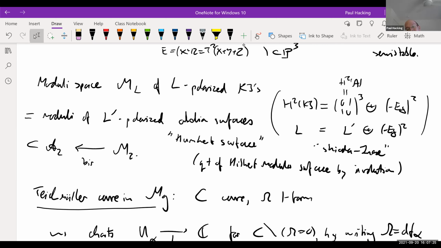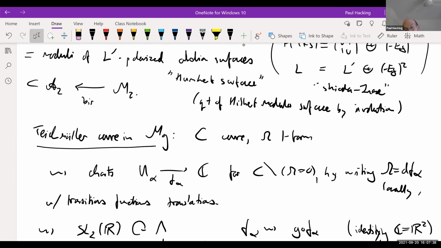And in fact, what seems to provide the answer in this case is what's called the Teichmuller curves in M_g. So let me very quickly review what that is. So if you take a Riemann surface C and a holomorphic one form on it, then you get a system of charts for the complement of the zeros of the form by just taking the one form and writing it as df locally.